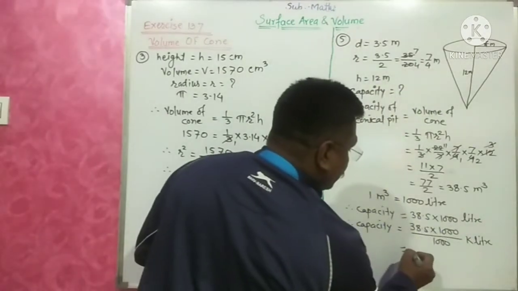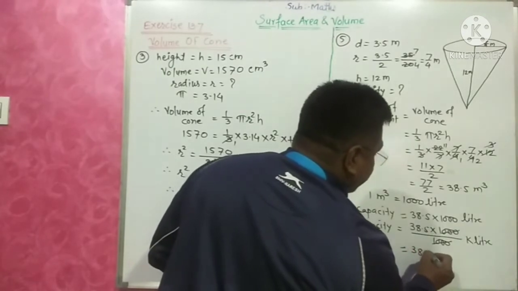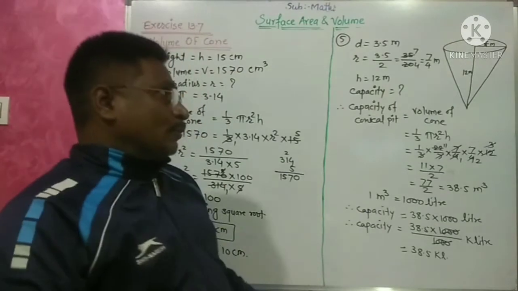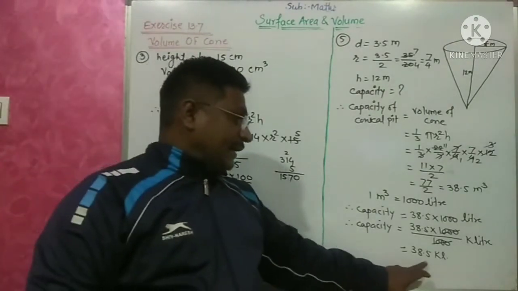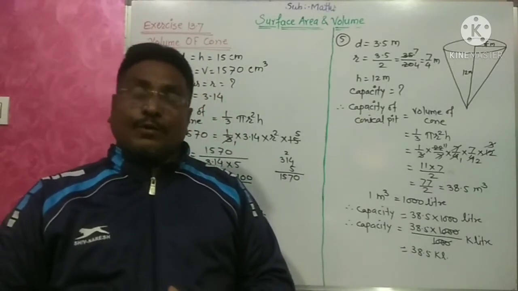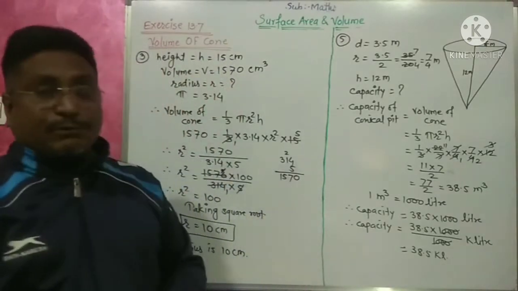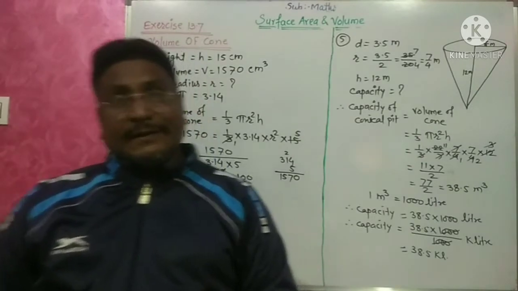So therefore this 1000 cancels. 38.5 kiloliter. So what is the capacity of the conical pit? 38.5 kiloliter. Okay students, so hope you understand how to solve the fifth question. So now we will go on to the next question.